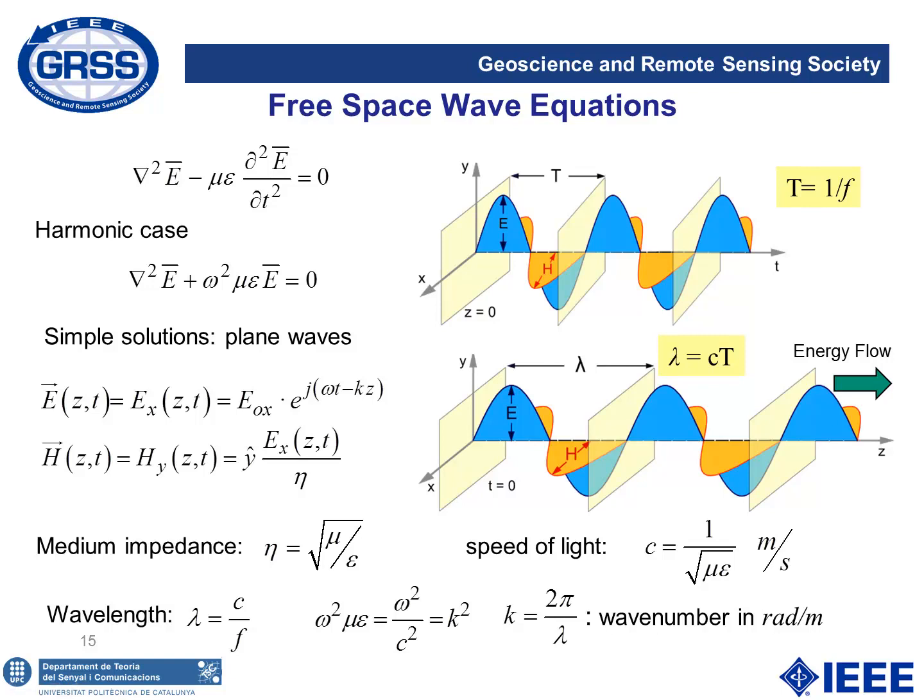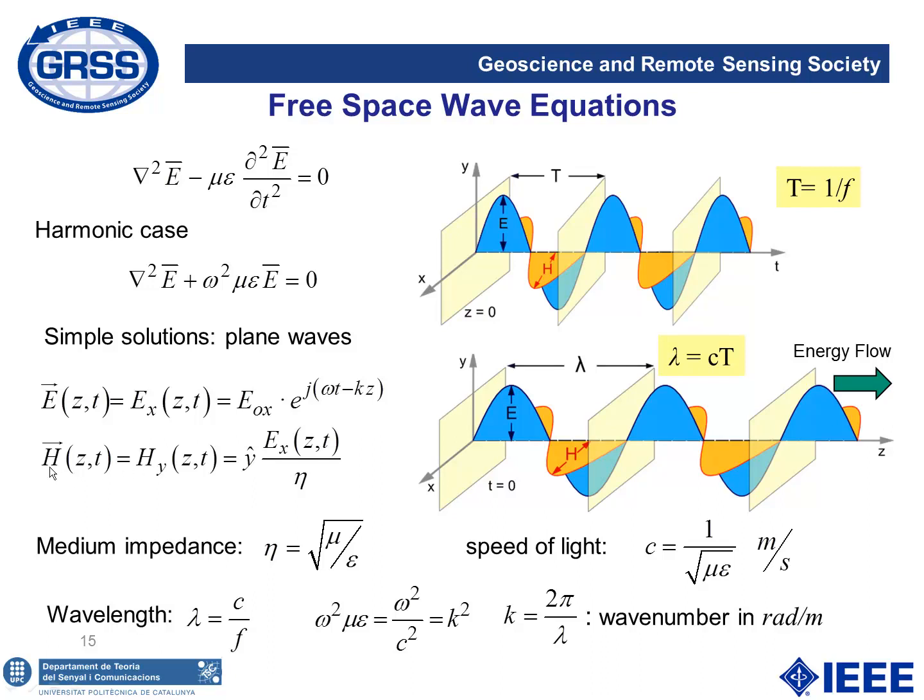There are many solutions depending on the selected coordinate system and boundary conditions, but the simplest one in the harmonic case is a plane wave. You can see here what mathematically is a plane wave: it only has changes along time and along the direction of propagation, which in this simple case is the z-axis.